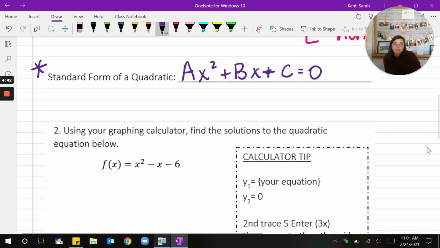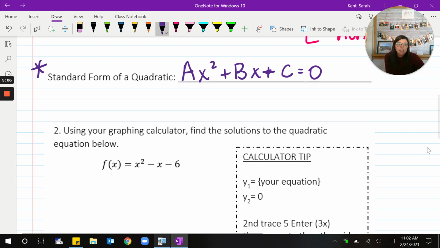This is what we looked at last week when we were factoring, or 2 weeks ago. So we had our a, b, c, we would find the parts. Today, we just want to make sure it says ax squared plus bx plus c. And then it needs to equal 0 or equal y. Then we'll take this and put it in our calculator.